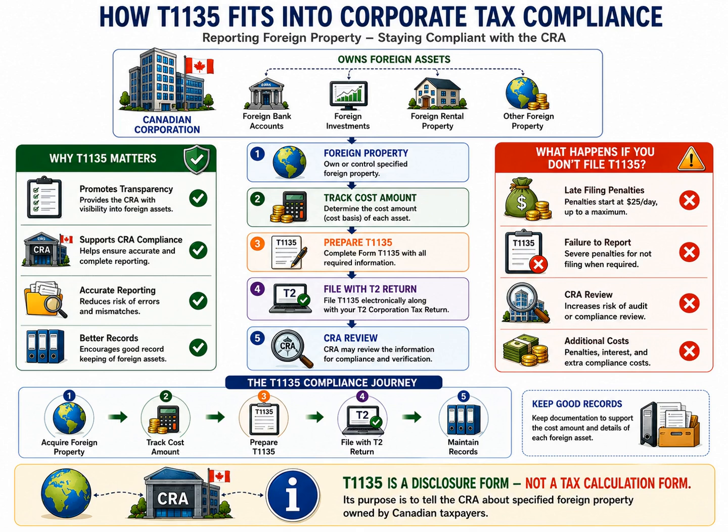The key takeaway is this: T1135 is a disclosure form, not a tax calculation form. Its purpose is to inform the CRA about specified foreign property owned by Canadian taxpayers, helping ensure transparency and compliance with Canada's international tax reporting requirements.